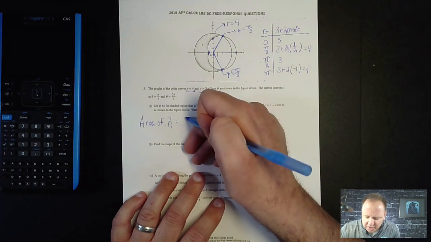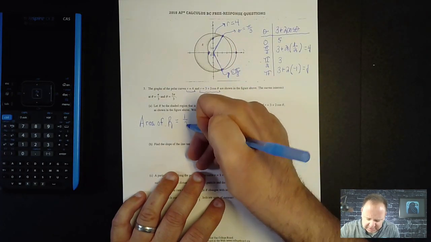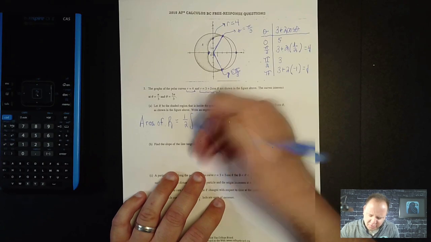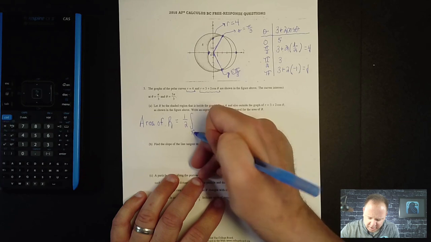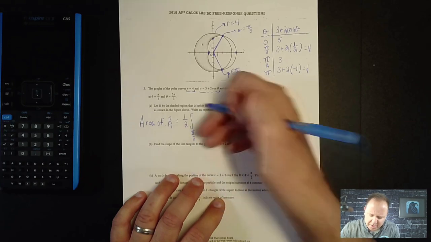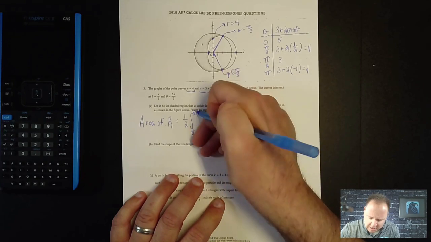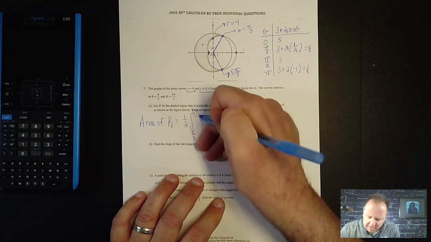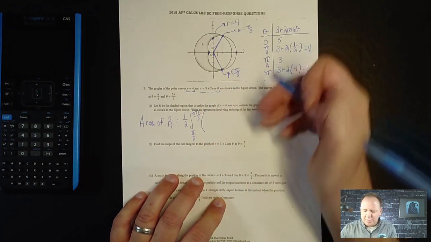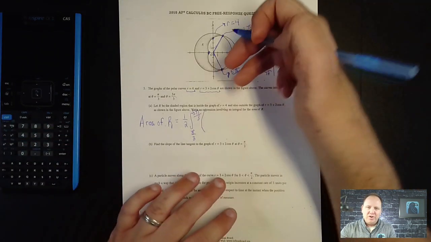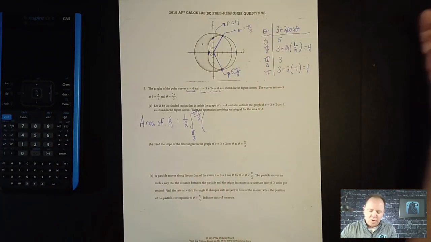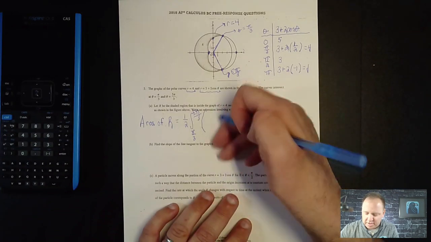So the area would be, remember, it's half times the integral from alpha to beta, but in this case, that's going to be pi over 3 to 5 pi over 3. And then I'm going to put a big parenthesis here because I need radius squared minus radius squared. This isn't like area between curves where you go top minus bottom or right minus left, depending on how you're accumulating.